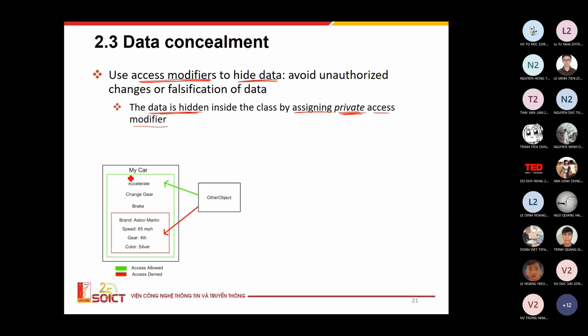Okay, and mostly every attribute of an object will be assigned the private modifier. And to access this private attribute, you have to declare a public method.